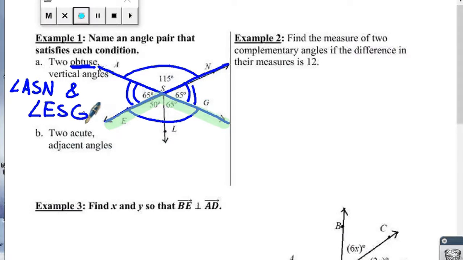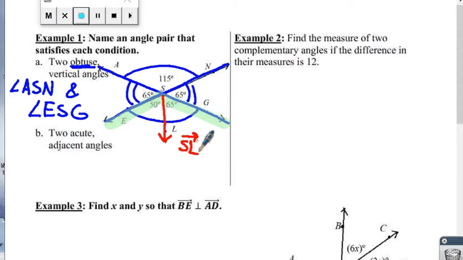Now next up, we want two adjacent acute angles. Okay, well, adjacent angles share a common vertex and a common side and no points in the interior. So for that, all I need to do is pick a side, a side the two angles share. So how about this? Ray SL gives us two adjacent angles.